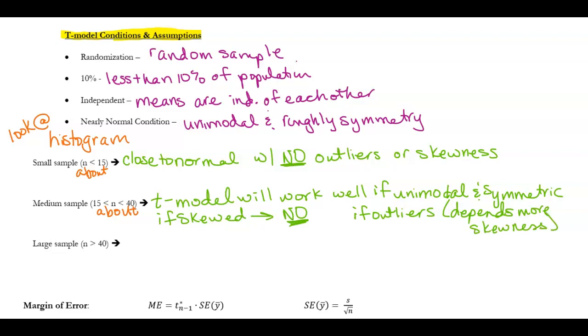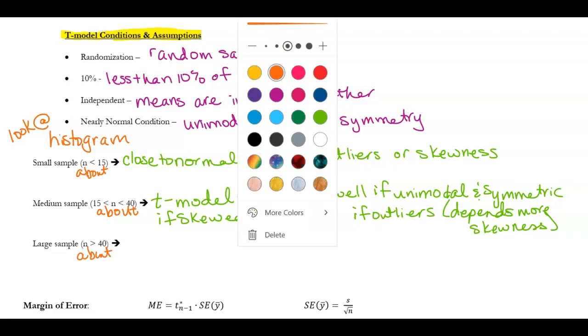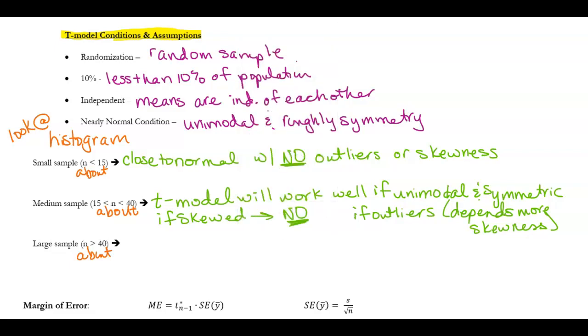Okay, so now when we get to a large sample, and a large sample is about 40 or more, it will work all the time. It is safe to use even if skewed.